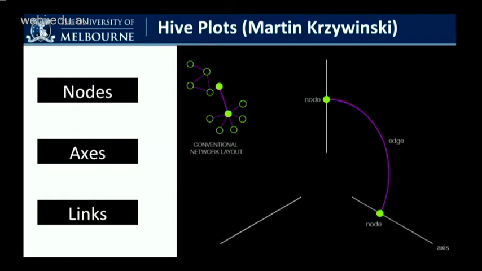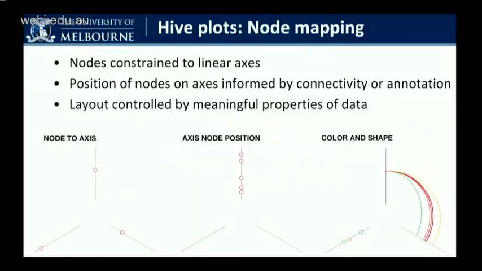So everything falls along these axes. Now, there are lots of choices you can make in how you adapt hive plots to any particular data set. You can decide what an axis represents, and which axis a node should be assigned to.